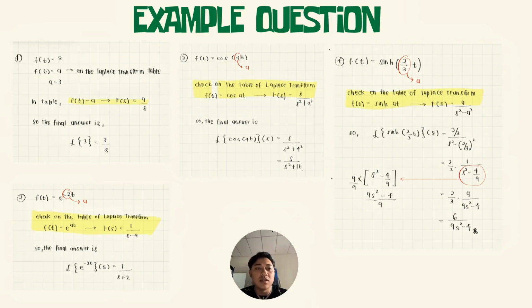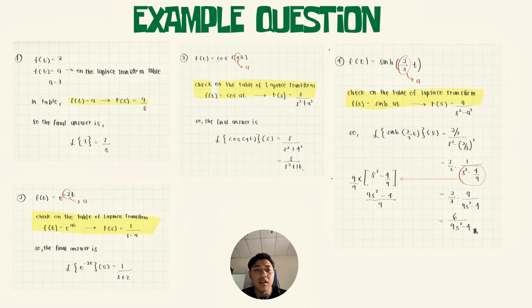We go to the third equation. f(t) equal to cos 4t. First step is to check the table of the Laplace transform for what can be used in this equation. After identifying, we can extract the data and replace it.